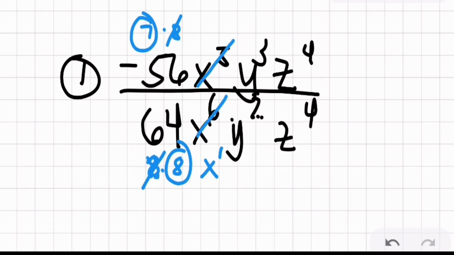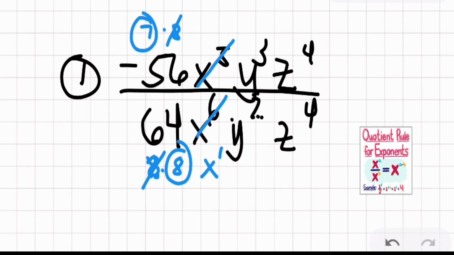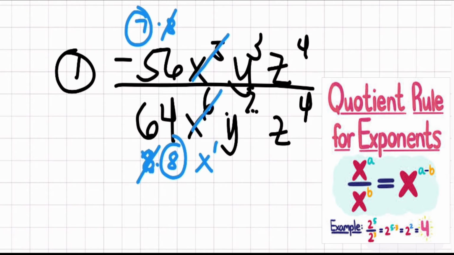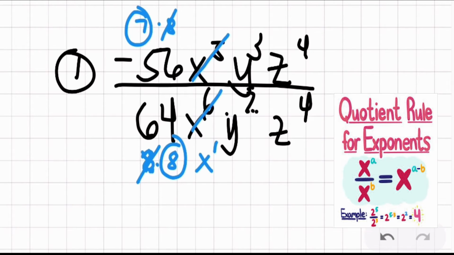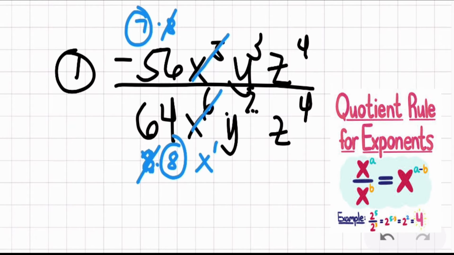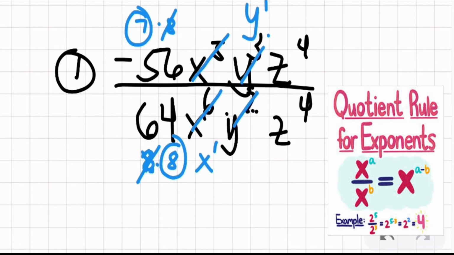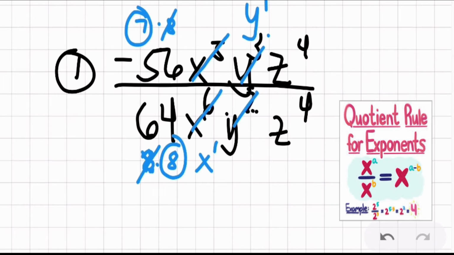Or applying the quotient rule in exponents, simply subtract the exponents, 6 minus 5, which is equal to 1. Same thing here: we have 3 copies of y in the numerator and 2 copies of y in the denominator, so we will be left with 1 copy of y in the numerator, or through the quotient rule, 3 minus 2, which is equal to 1.